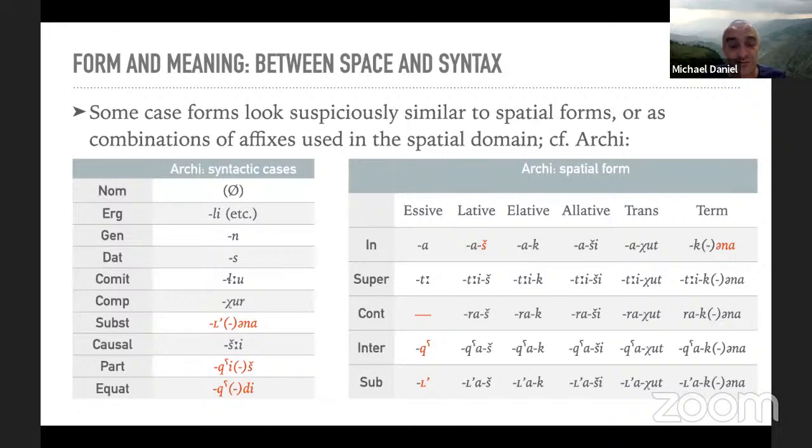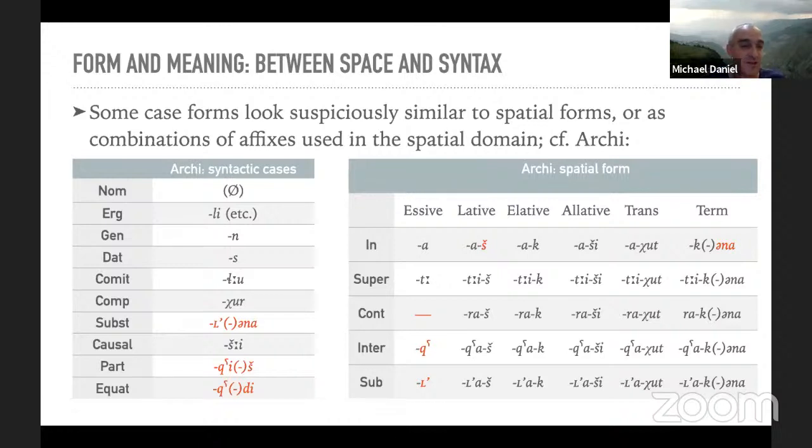Also, there are less regular, less systematic relations that are shown here in this picture. On the left, you have archisyntactic cases. On the right, you have spatial forms. And for different elements of this paradigm, the temptation is sometimes stronger, sometimes weaker, to connect some elements of the spatial template on the right with the non-segmentable markers on the left.